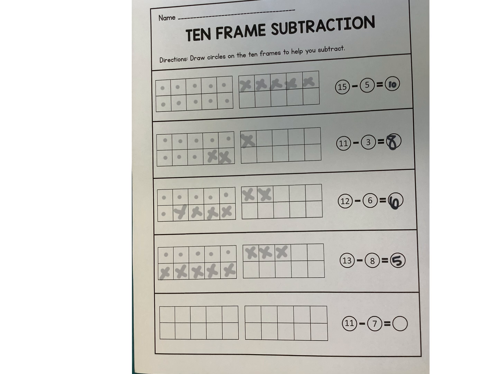And the last one is 11 minus 7. So we put 11 on our 10 frames. And we cross off 7. And how many do we have left? 4. Very good, boys and girls.